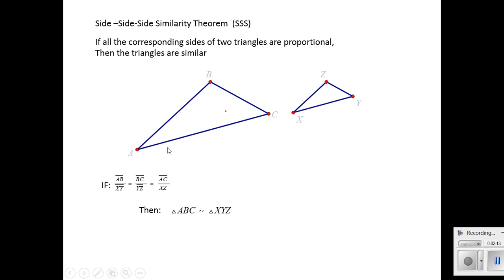So, like a 3, 4, 5 and a 6, 8, 10 are always going to be similar. A 3, 4, 5 and a 30, 40, 50 are always going to be similar. 5, 12, 13, 10, 24, 26 will always be similar. Those are the two we're going to see most.